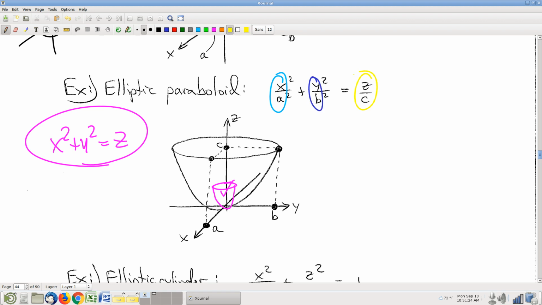You stretch out that little purple paraboloid in the different directions and you get another paraboloid, but this one with elliptical cross sections, and so we call this an elliptical paraboloid.